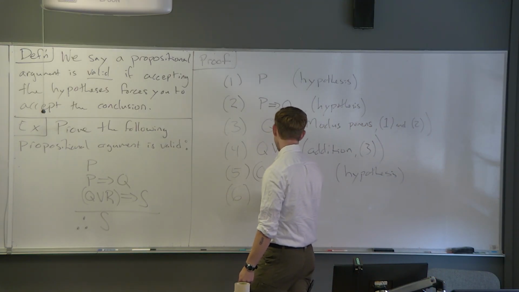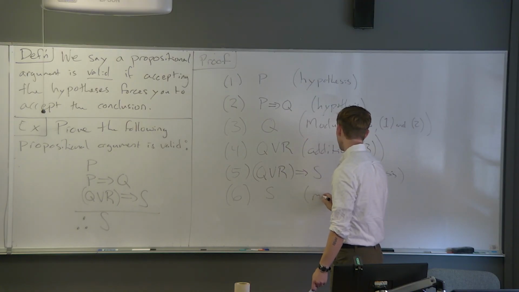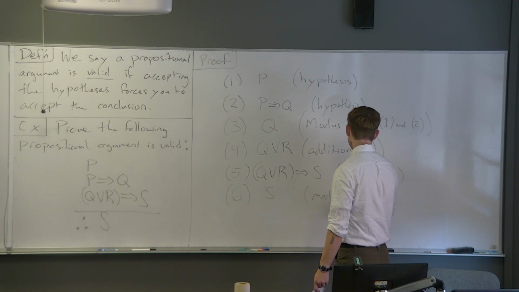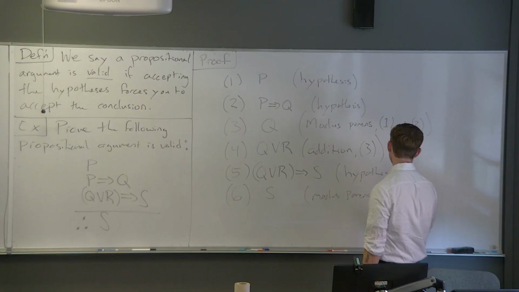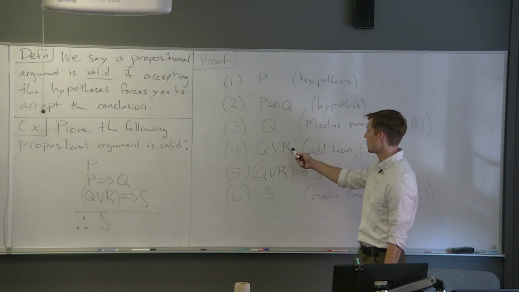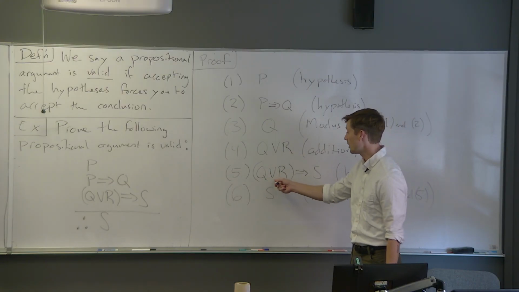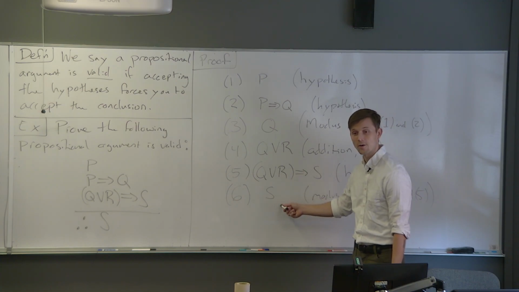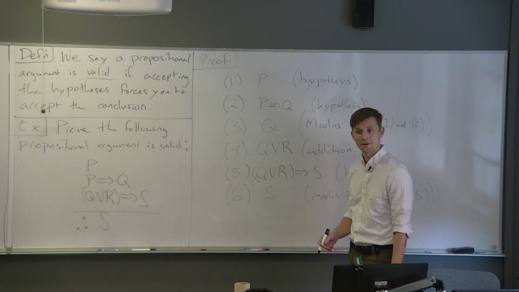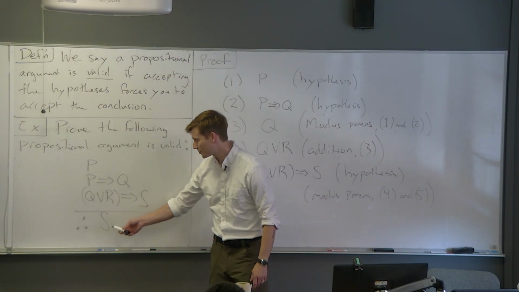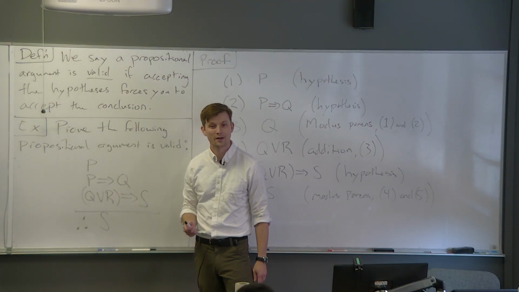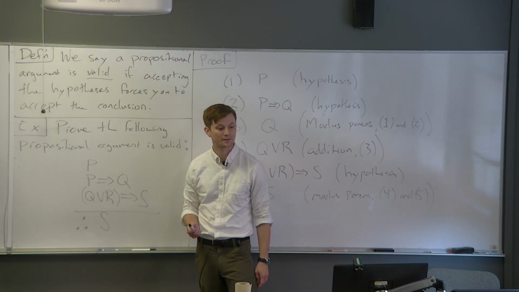Number 6, we say S. This is modus ponens on 4 and 5. That is, I know Q or R, and I know that Q or R implies S, hence I know S. I have derived my desired conclusion, right? My desired conclusion was that S is true when these 3 things are true, and I've shown that that is indeed the case. Kind of nice, yeah?